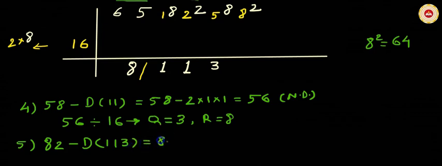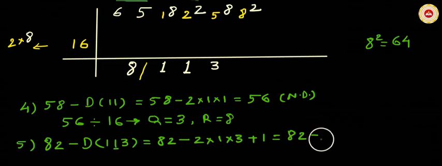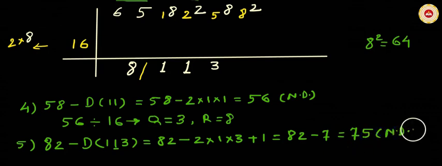Which gives us 82 minus 2 times the product of end digits, 1 multiplied by 3, plus middle digit squared, that is 1, which gives us 82 minus 2, 3 twos are 6, plus 1 is 7, so 82 minus 7, which gives us 75. Correct? And the 75 is the net dividend.